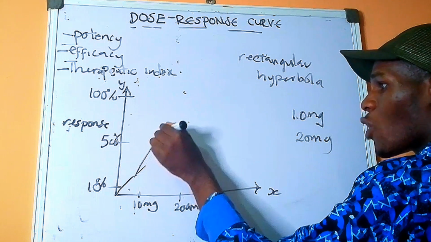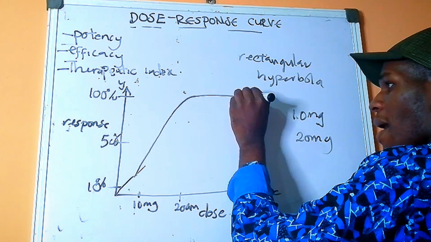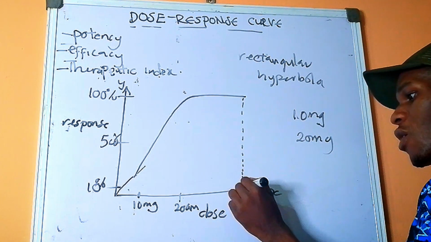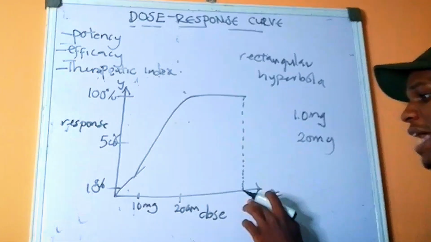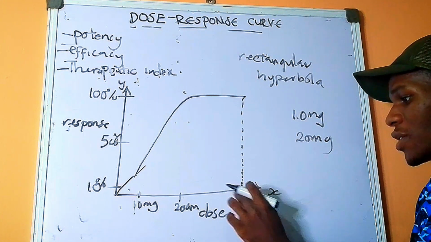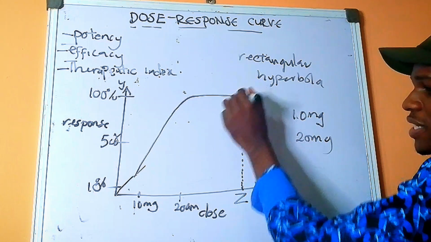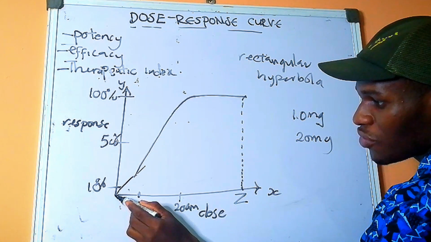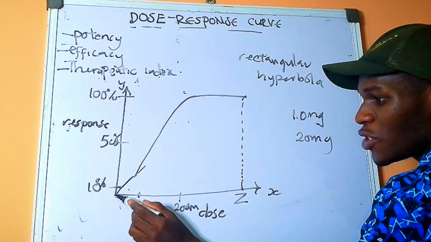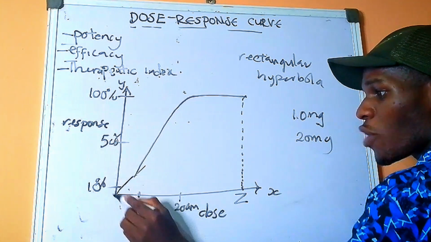So if I increase my dose, there'll be a time whereby I'll reach the particular dose where the drug at the receptor site will be fully saturated. So this particular dose, let's call it Z, it will be fully saturated. So here we can see that when I give my drugs, I give 5 milligram, I give 4 milligram, there's no noticeable change, or there's no noticeable response or effect.